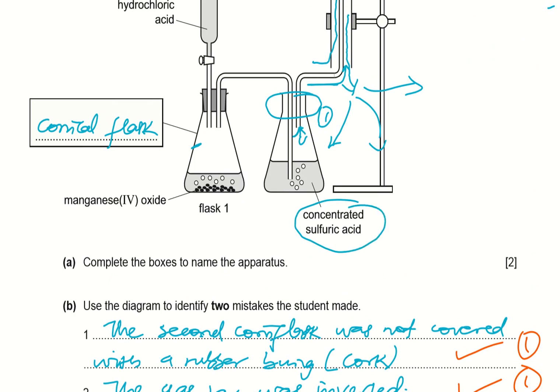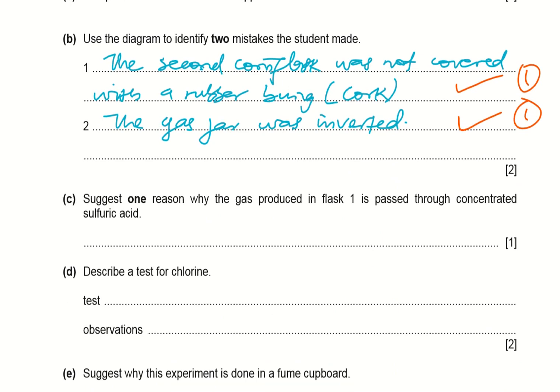So one of the uses of concentrated sulfuric acid is it is used as a dehydrating agent. So the reason is to remove water, or if you like, say to dry the gas. That's the reason.